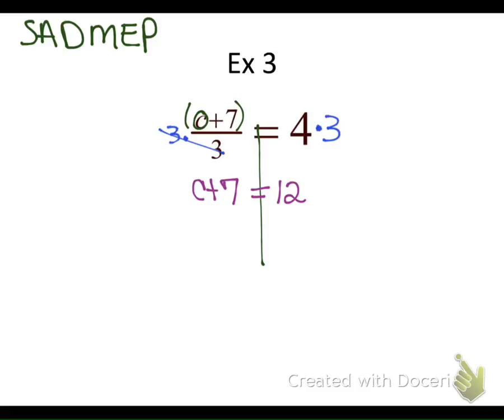And we're right back to a one-step equation. Minus 7. So then c equals 12 minus 7. 9.